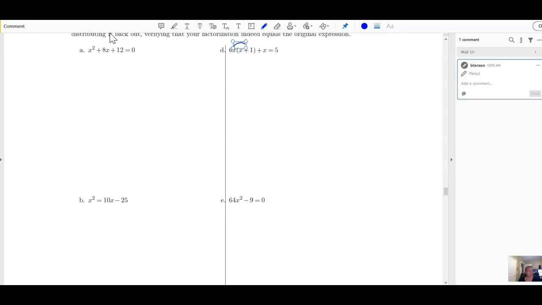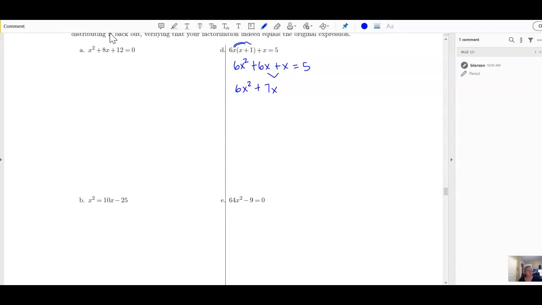So on this one, we'd want to distribute that 6x through, so that will give us 6x squared, 6x times x, and then 6x times 1 would just give us 6x, and then plus x equals 5. And so we need to get our x terms together. So 6x squared plus, we've got 6x plus 1x, so that's 7x.